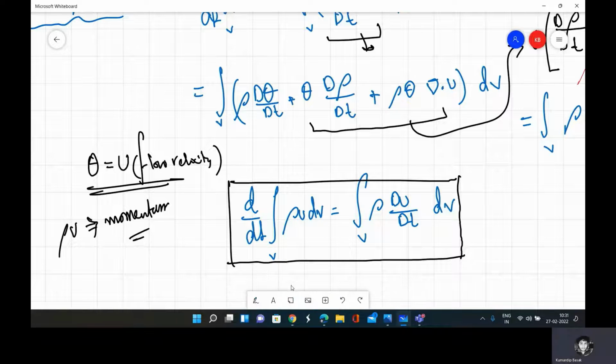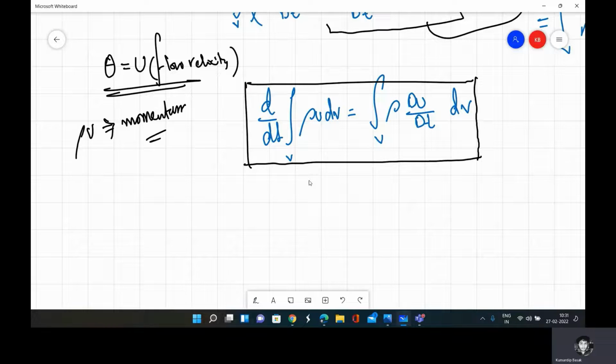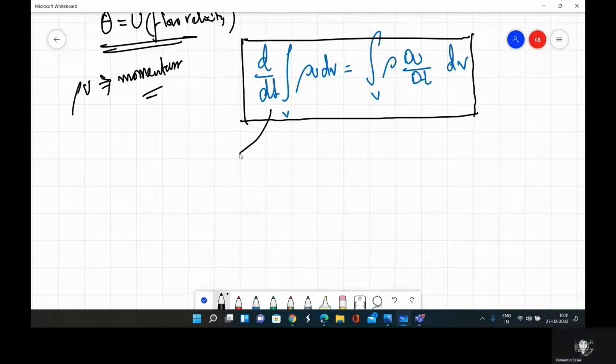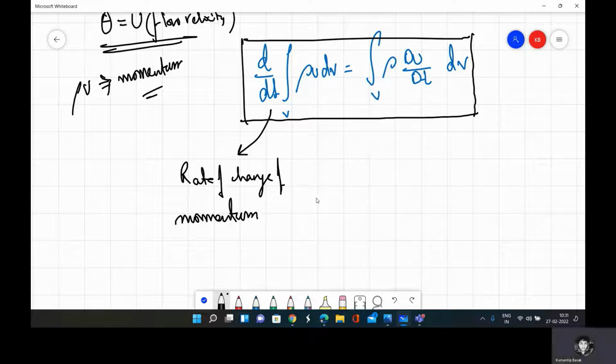So as a simplification, what are we getting? We are getting this as the rate of change of momentum of the fluid element, that is the control volume that we have taken. This is the rate of change of momentum.